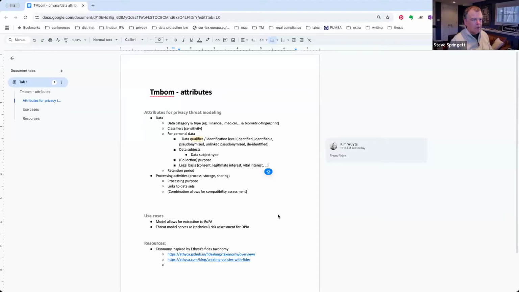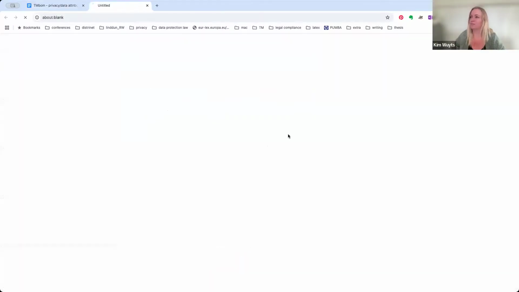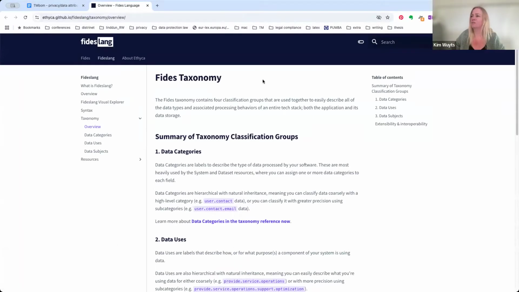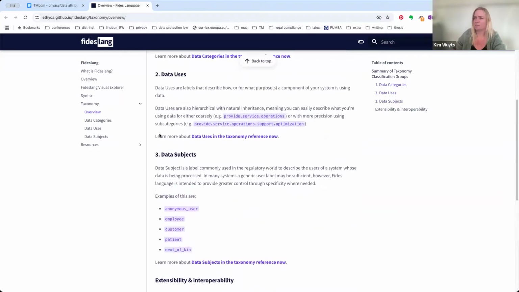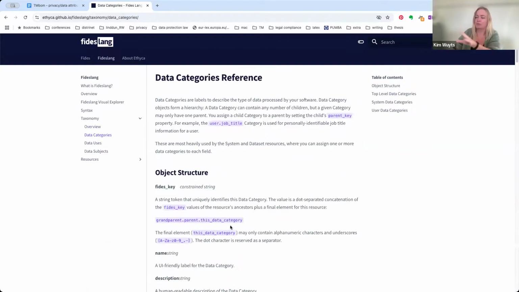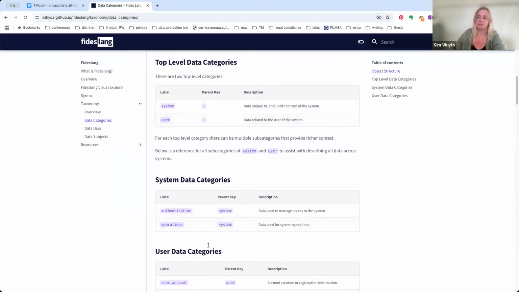Ethica, they're the ones that created the data qualifiers. They have this whole taxonomy. Are you seeing my screen still? Yep. So they have this taxonomy with data categories, data use, data subjects, and more. I didn't want to start from scratch, so I thought let's use something that's already there.